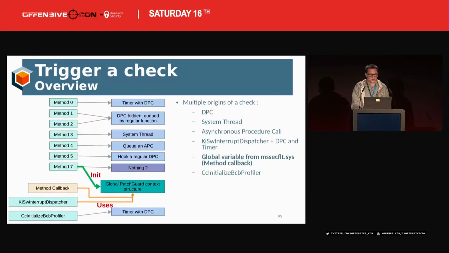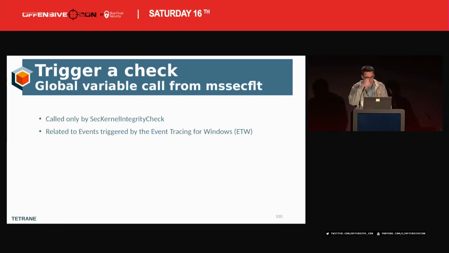And finally, the CcInitializeBcbProfiler, finally, the global variable from MsSecFlt. This was interesting, it's called only by SecKernelIntegrityCheck, which is a function from MsSecFlt. And it's related to events triggered by the event tracing from Windows, ETW.